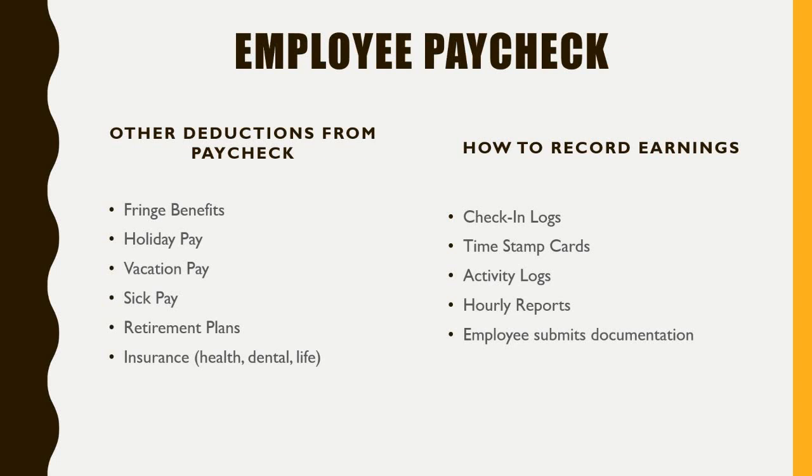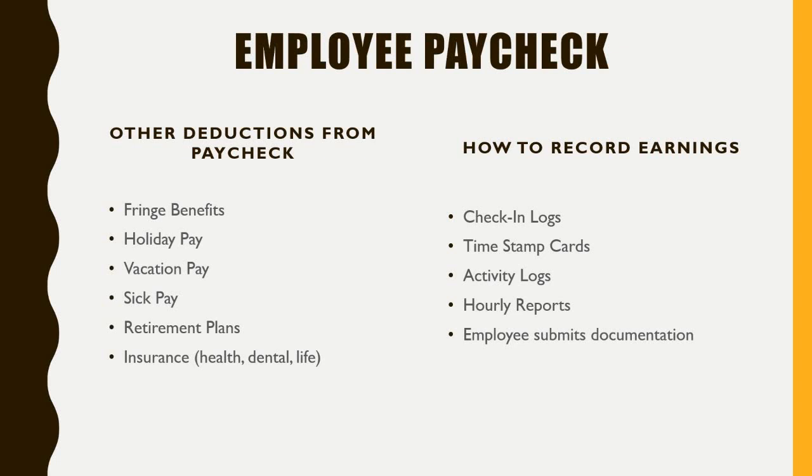All right. And then other things are going to be retirement plans such as IRAs, or 401k plans. Okay. And then, of course, other things such as insurances are usually deductions from your paycheck. So if the employer provides health benefits or health insurance, such as health, eye, dental, vision, or life insurance, then that's going to be taken out of your paycheck, okay?